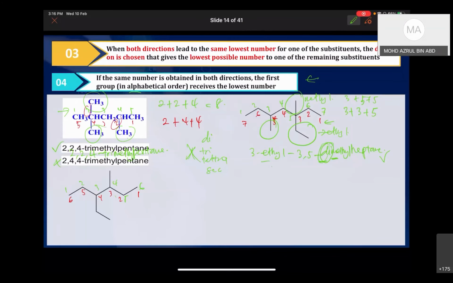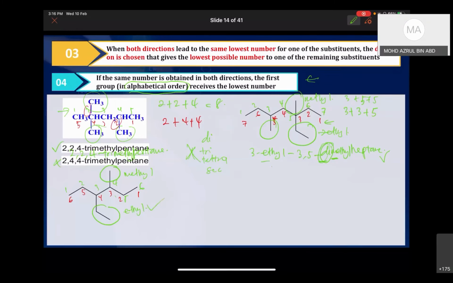So we need to follow the alphabetical rule. The substituents attached to the parent chain are methyl and ethyl. Between methyl and ethyl, which do we follow first? Ethyl, all right.